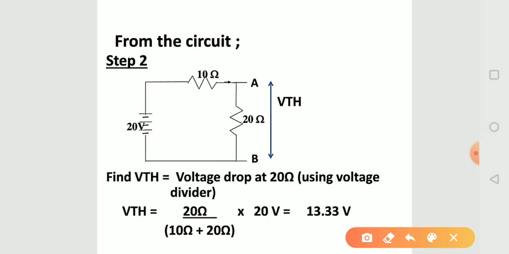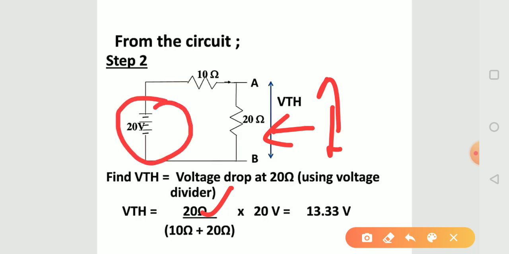So if we want to find the voltage across this 20 ohm resistance, we take the resistance at which we find the voltage into the source voltage, which is 20 volt.